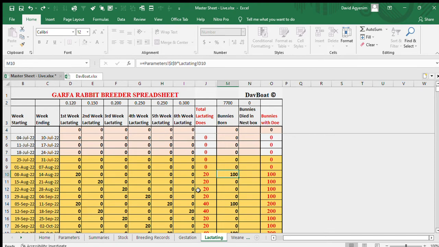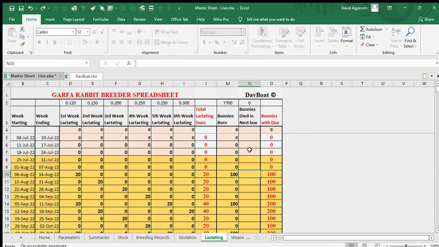So you change this one, and this one is the number of bunnies that died whilst they are still with the doe. I will have to change this heading to make it bunnies died with the doe. Until they are weaned, whenever you lose a bunny that is still with the doe, you put that figure here.